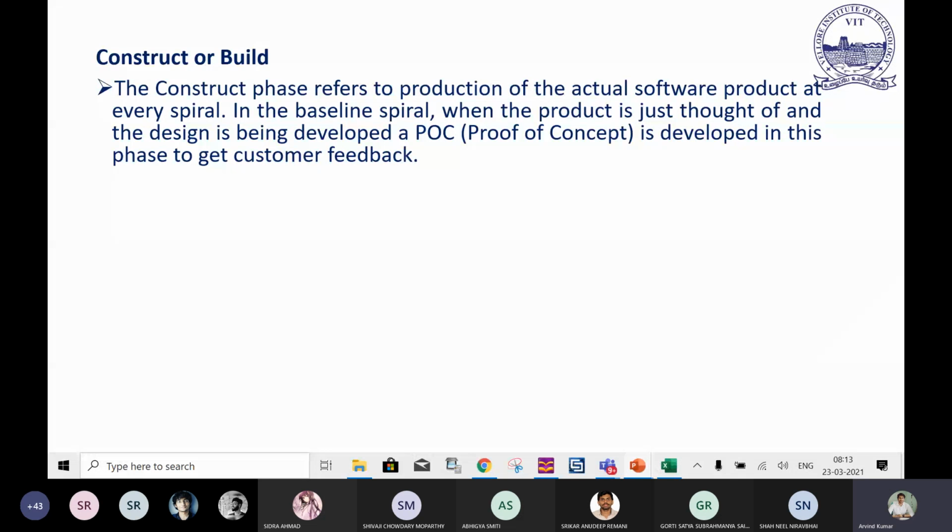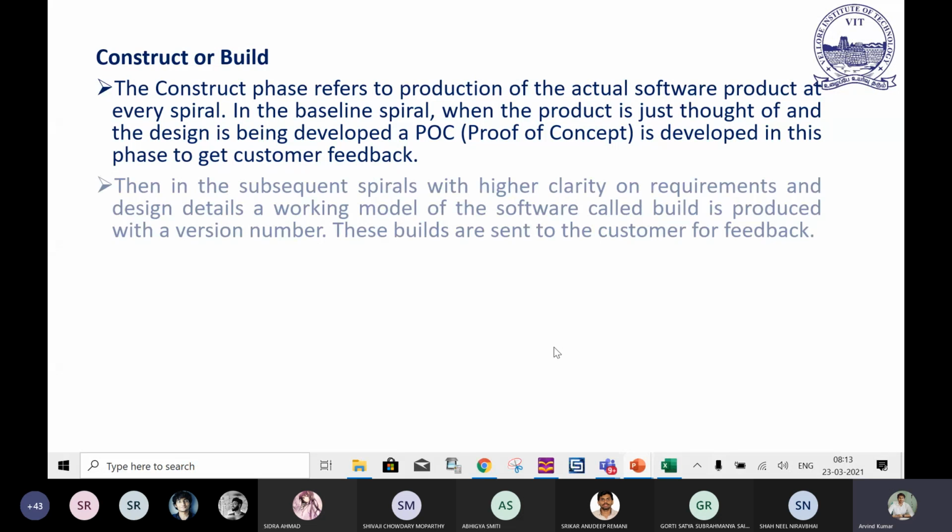If you are bringing to mind that particular block diagram of the spiral model, in the baseline of the spiral model, when the product is just thought of and the design is being developed, a proof of concept is developed in this phase to get the customer feedback. Then in subsequent spirals, with higher clarity on requirements and design detail, a working model of the software called a build is produced with the new version or subsequent upcoming versions.